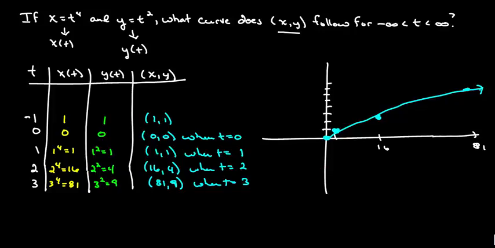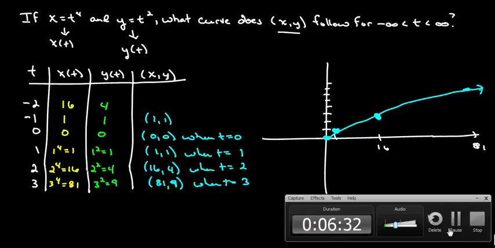When t is -2, we get 16 for x and 4 for y, which again is this point right here. So you see that we're traveling this path again one more time.